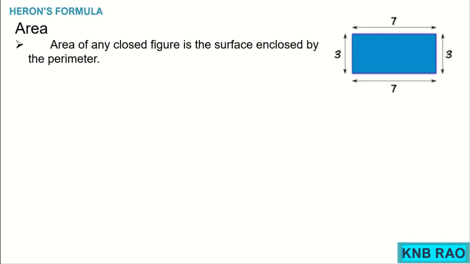Now what are the units of this area? See children, units of area will be centimeter into centimeter, that is centimeter square. So the unit of area is the square of the unit of the length.